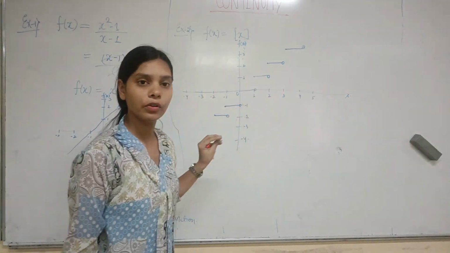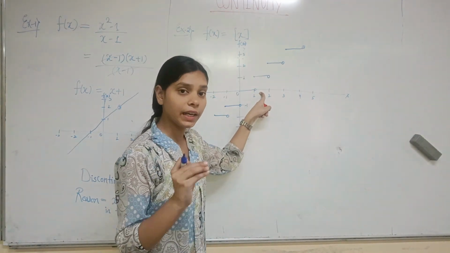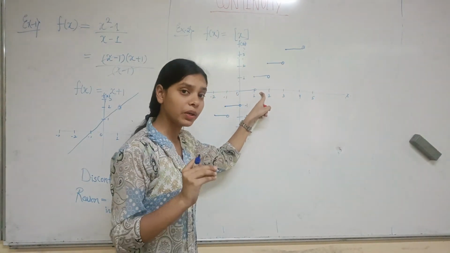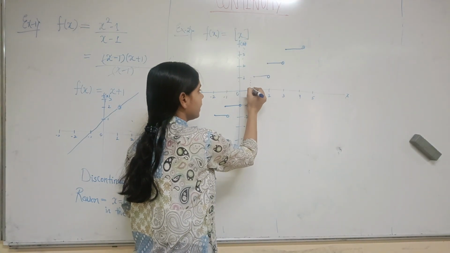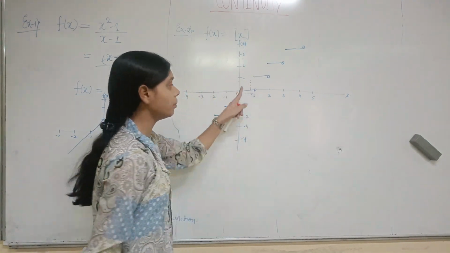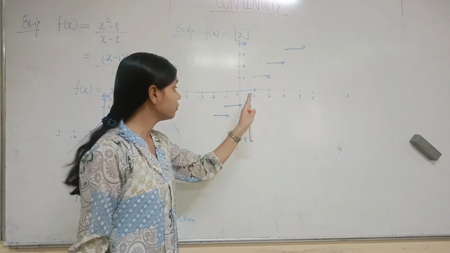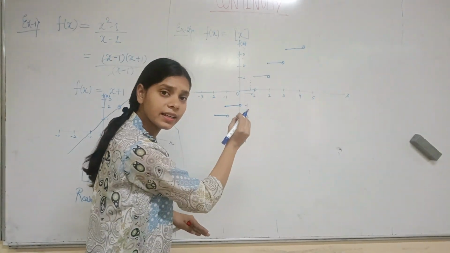Okay? This is the graph of the greatest integer function, and you can observe that if we take an integer, x equal to 1, and approach x equal to 1 from the left hand side, then what can I observe? The value of f(x) is just slightly lesser than 1.